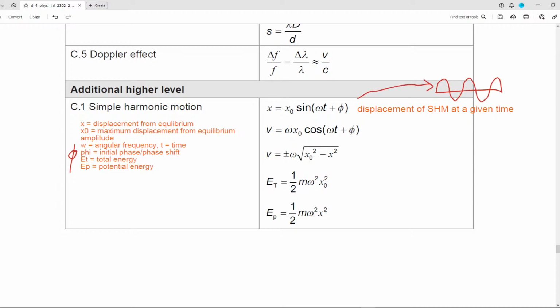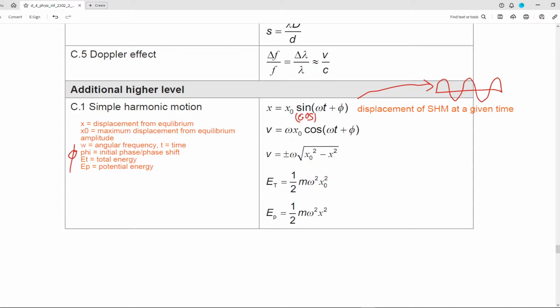If you start at maximum, you would use a cosine. So same thing works for cosine, but cosine, of course, starts at maximum. We're going to stick with sine.